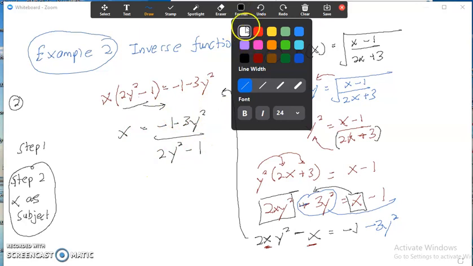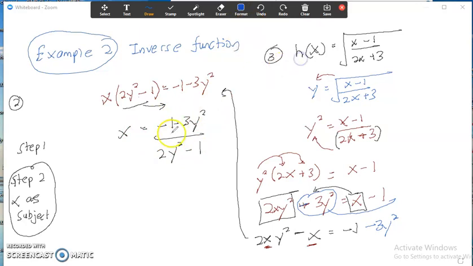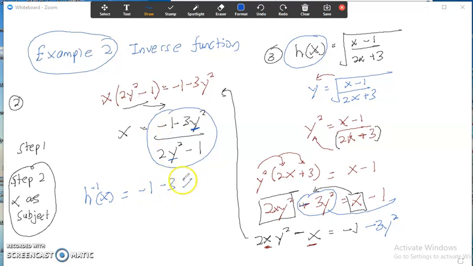But you have to change the y into x. Now I make here as h, so h inverse of x. Just copy this and change y to x.